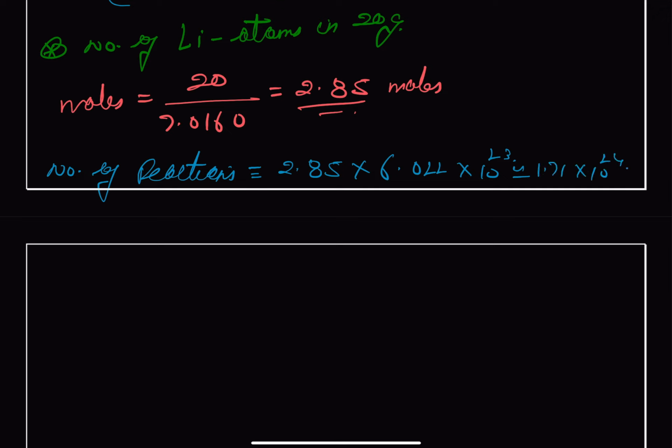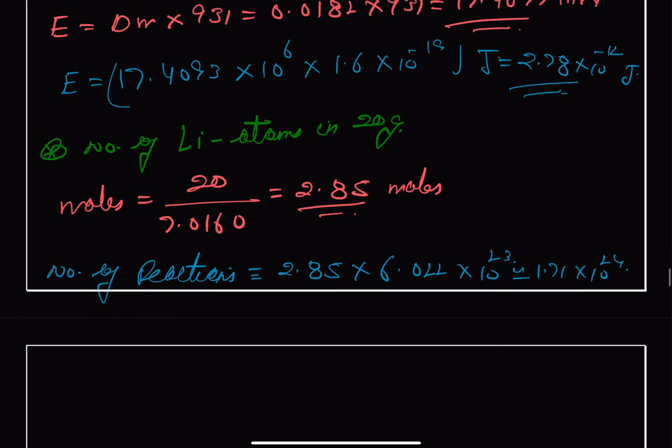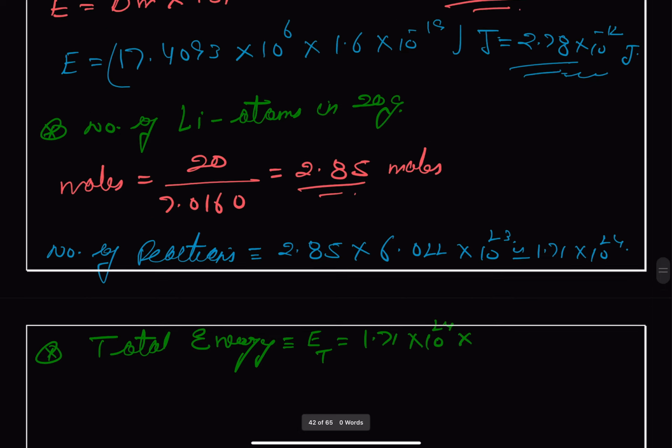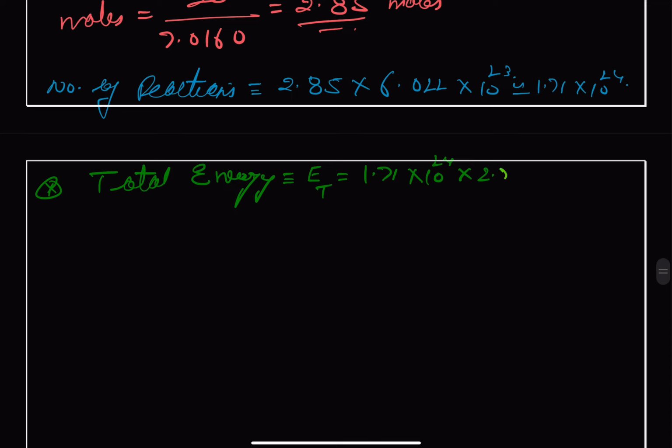Now we can find out the total energy, because the number of reactions we know and the energy per reaction is also known to us. Therefore we can say that total energy, let us call this ET, is the number of reactions, that is 1.71 into 10 to the power 24, times 2.78 into 10 to the power minus 12 per reaction.